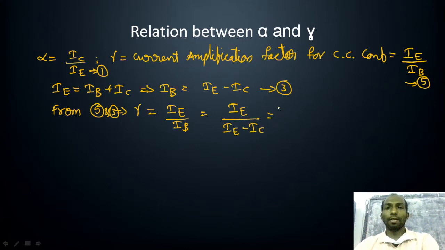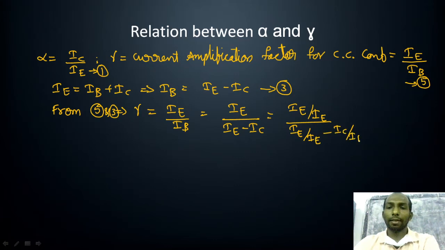Again dividing the numerator and denominator by IE, IE by IE cancels and you are left with 1 over 1 minus IC by IE.